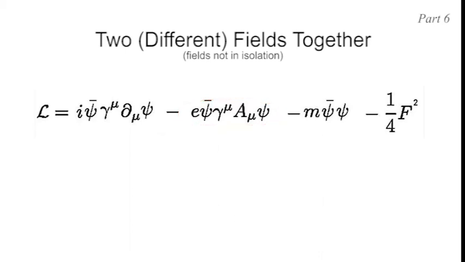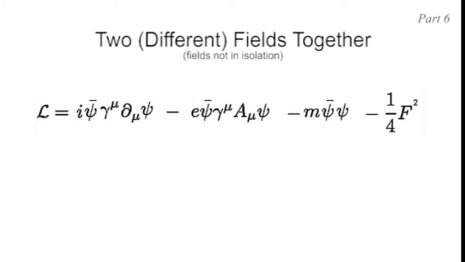In terms of the makeup of this extra interaction, if we ignore the gamma mu, we can see that it contains the photon field A straddled by the electron field psi. It also has a multiplier E in front of it. This E is known as the coupling constant, and its size will determine the strength of the interaction between the electron field and the photon field. It's actually the charge of the electron.